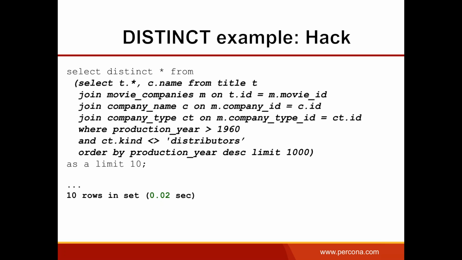So as you can see, it is much faster. It returns our 10 rows that we are looking for in 0.02 seconds. Now, again, this is a hack, and it has another issue: maybe there are lots of distincts there, maybe more than 1,000 distincts.